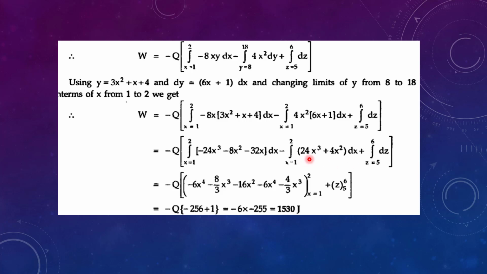So 24x³ is there, minus 24x³ is there, the limits are same, so this term I think is getting cancelled. Then -8x² and +4x², that will become -4x², and then 32.